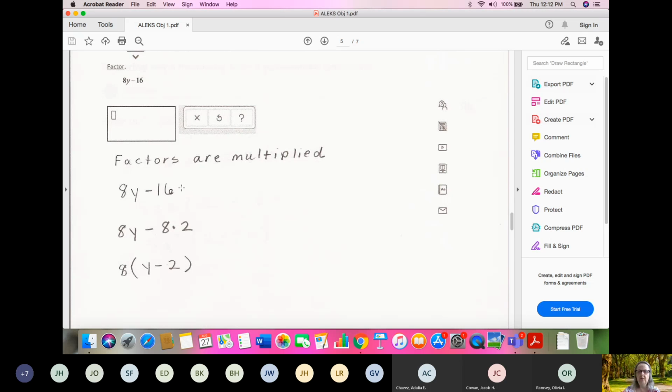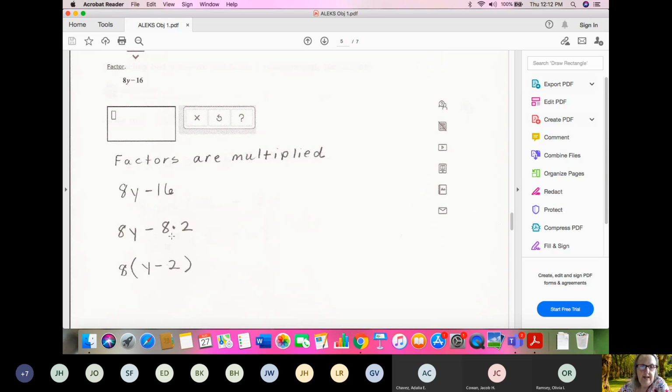Another way to say that is, this 16 has a factor of 8 in it, so I can write it as 8 times a number. Turns out we can. 16 is 8 times 2. You could always take 16 and divide it by 8 on your calculator to find out what this other number is.